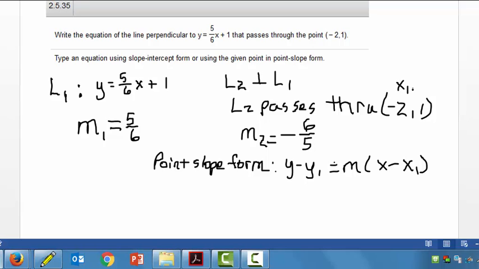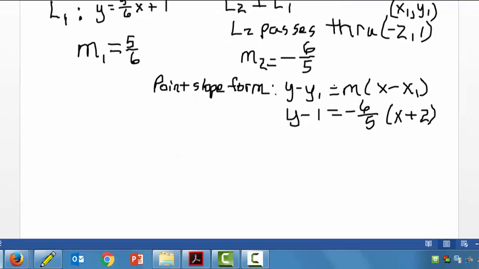And x1, y1 is this given point. So y minus 1 is negative 6 over 5 times x minus a negative 2, which will be x plus 2. And so you could stop here and enter this as your answer.